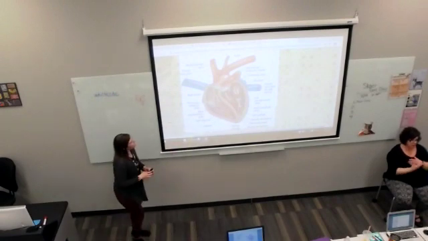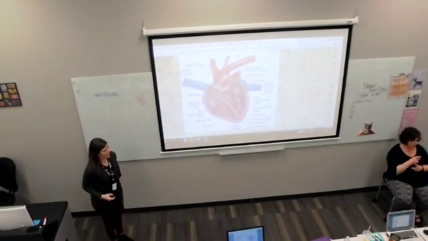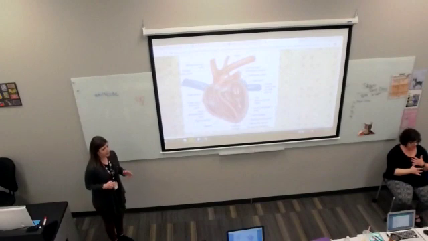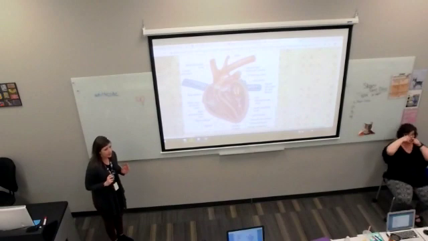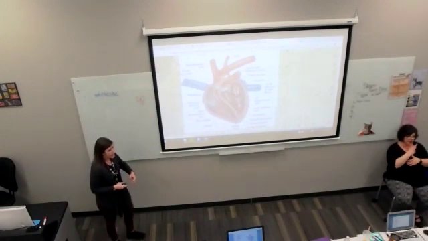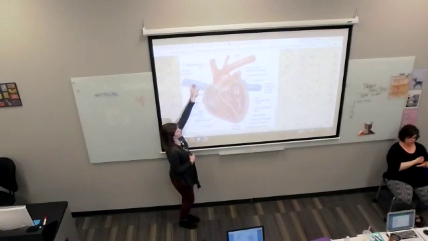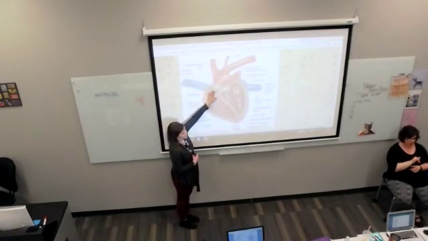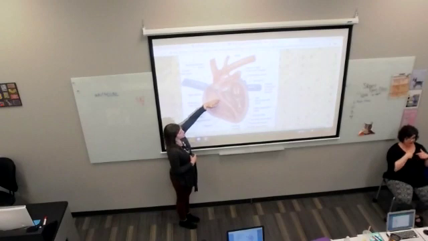So when we say bad blood, which again means deoxygenated, full of CO2, when it needs to come back to the heart to get exchanged for fresh, it comes in through the vena cava. It comes into the right atrium, and it goes through the tricuspid doorway. It's just a doorway.